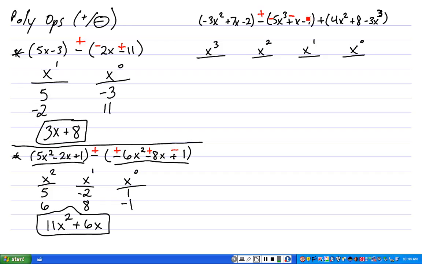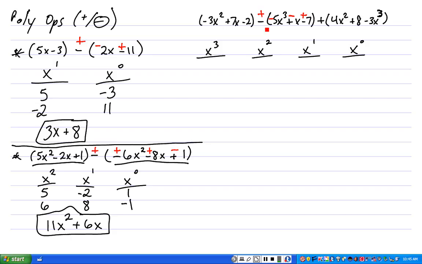This is a negative 7, so I change it to a positive 7. Now notice I am not going to change any of these signs because these signs do not follow a minus sign. The terms in this parenthesis follows a plus sign, so there's no need to change these. The only time we change the signs is when the terms are in a parenthesis that follows a minus sign.